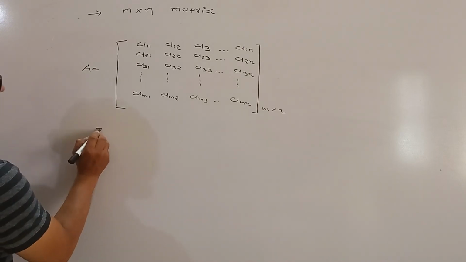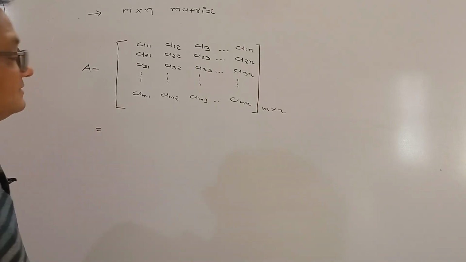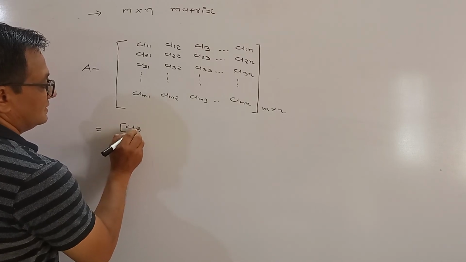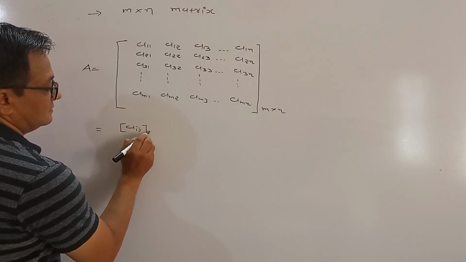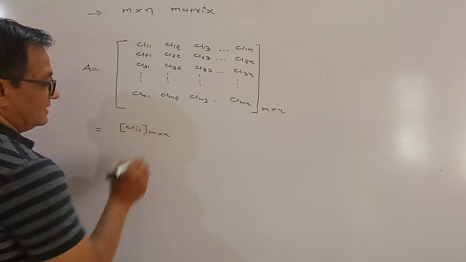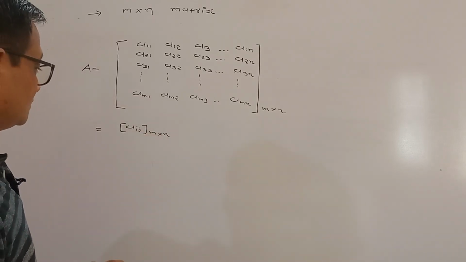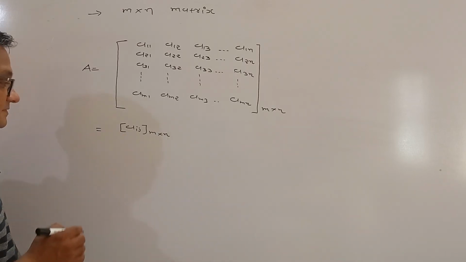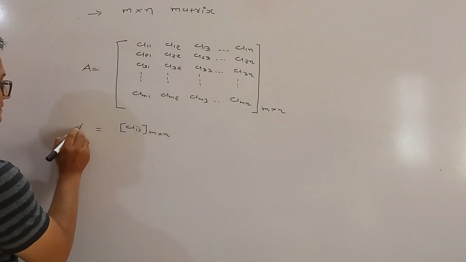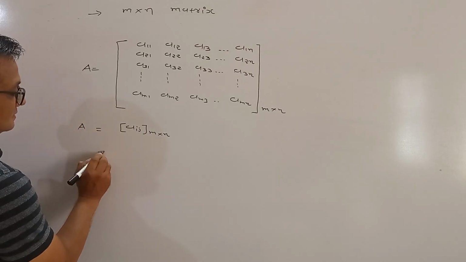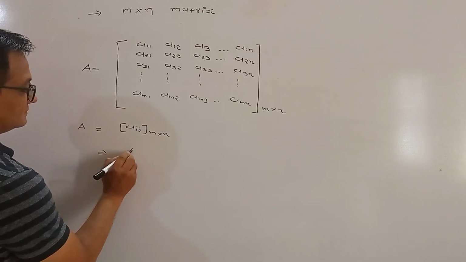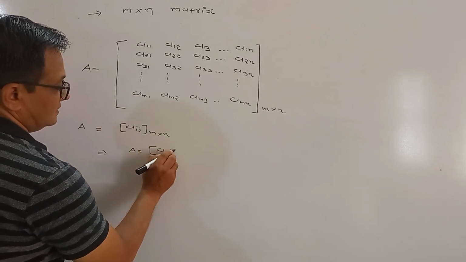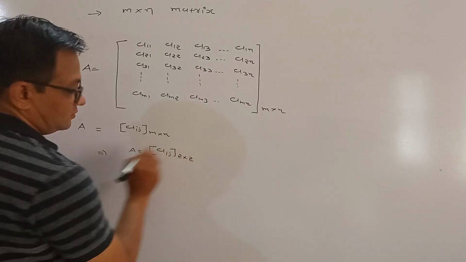Now symbolically we can write this arrangement in short form as aij of order m by n, where m by n is the order of the given matrix. i stands for row and j stands for column. Suppose A is equal to aij of 2 by 2.